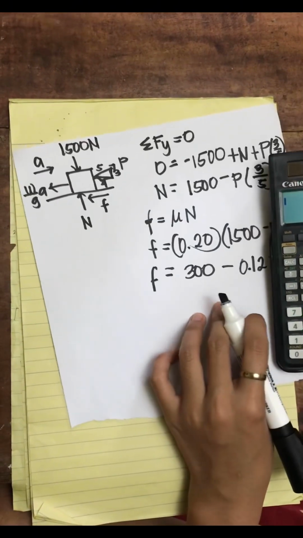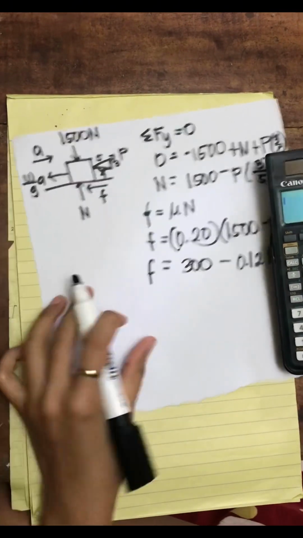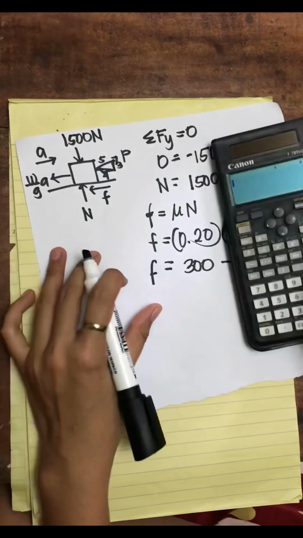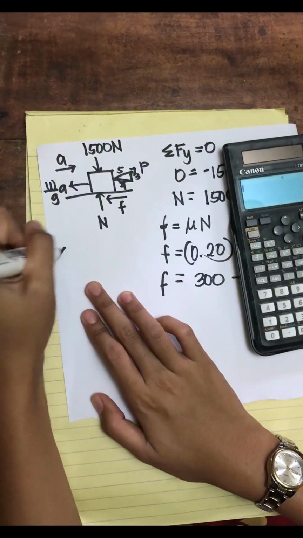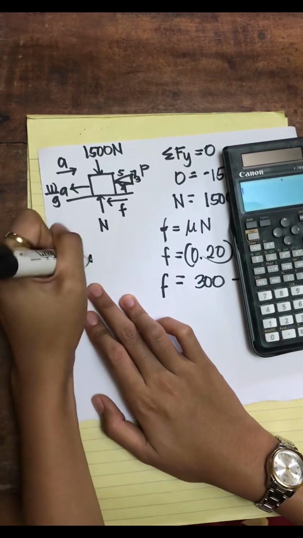Then to solve for P, we have to add horizontal forces. So summation of Fx equals 0.